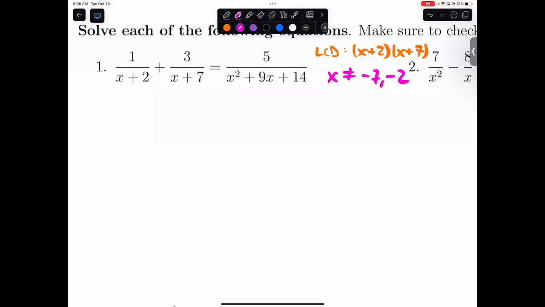That would give you 0 in the denominator somewhere. If we want to think about it as functions, these things have vertical asymptotes at -7 and at -2. When we solve for something, we're saying that at this x value, they meet, right? They intersect. That can't happen if it's not even defined there. Okay, so we've got that. We've got the LCD. We've got the discontinuities. Now what?